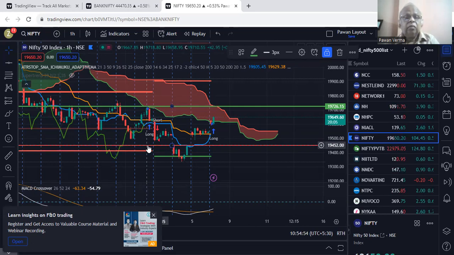Secondly, after reaching this particular point, what will happen?